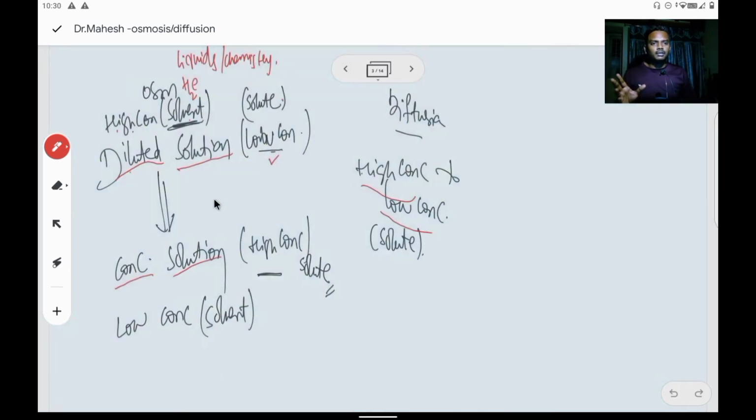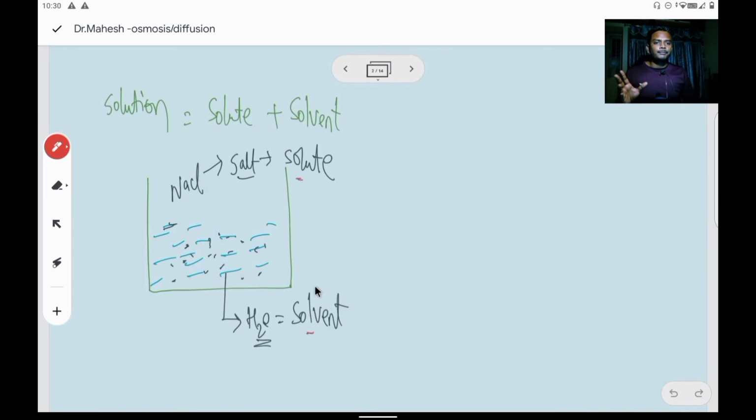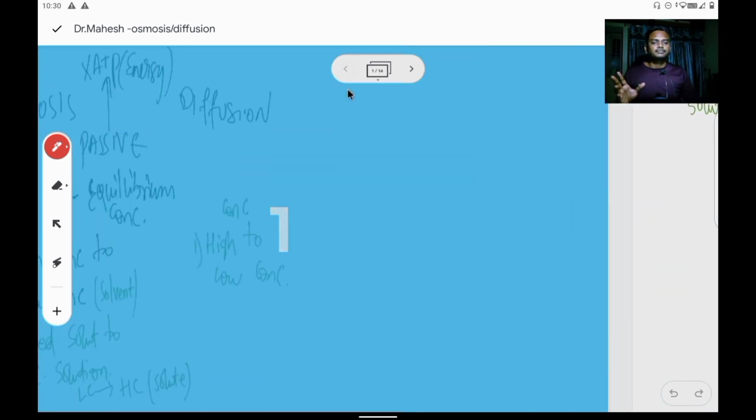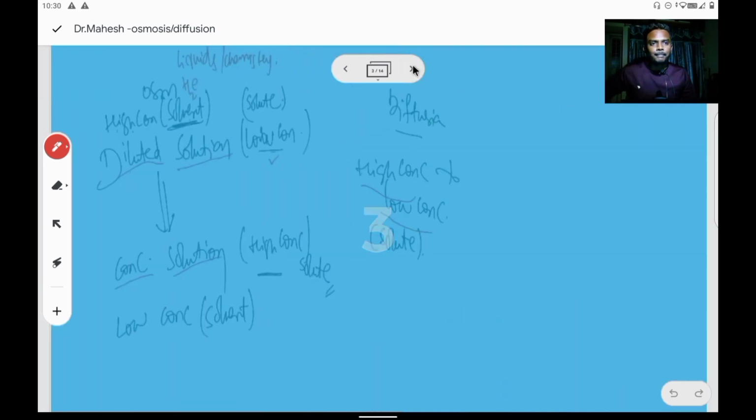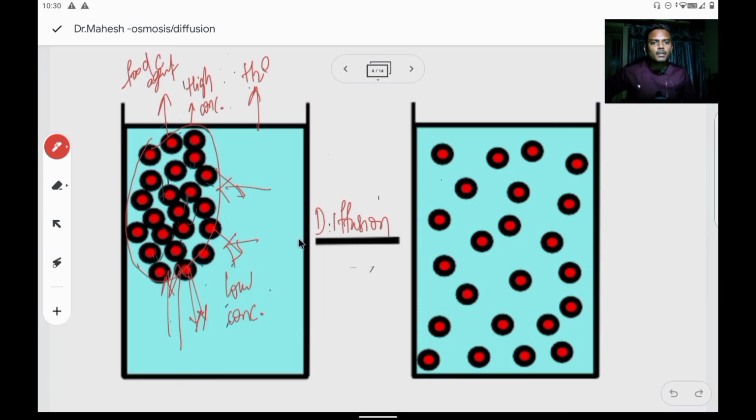That's what I told here. Multi-directional, and both solute and solvent move. No need of a semi-permeable membrane; it may or may not be there.